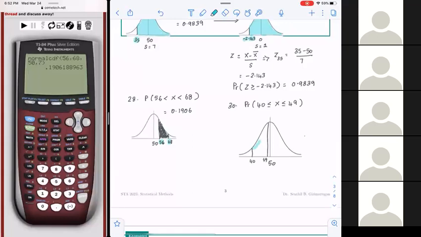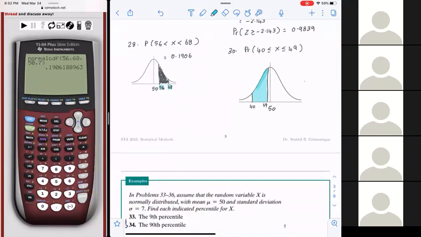And we know the answer that we're going to obtain should definitely be less than 50%. So the starting or lower value is 40, the upper value is 49. So in your calculator, second vars, start at 40, end at 49, mean is 50, standard deviation is 7, and the answer is 0.3666.